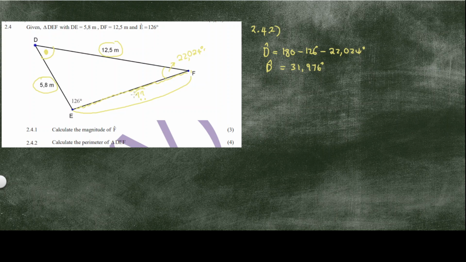After finding this length, to get the perimeter you say 5.8 plus 12.5 plus the unknown length, which you calculate using either the sine rule or the cosine rule. Then you get your answer as the perimeter.